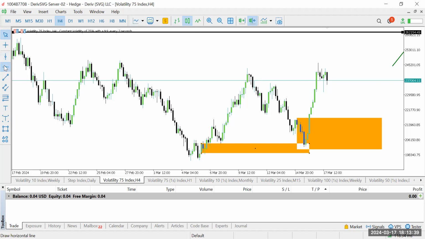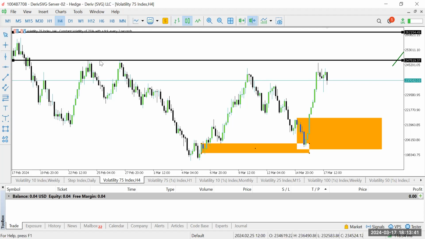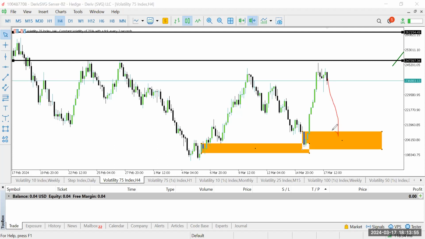So we have another area of liquidity pool lying right ahead of us, which I'll not be surprised to see price take out before we move. So I'll not be surprised to see a retracement right into this area to confirm the bullish order flow, and then we see that expansion to the high side.